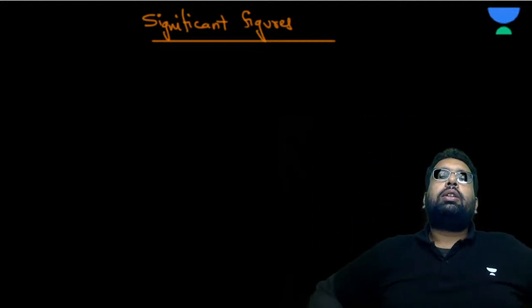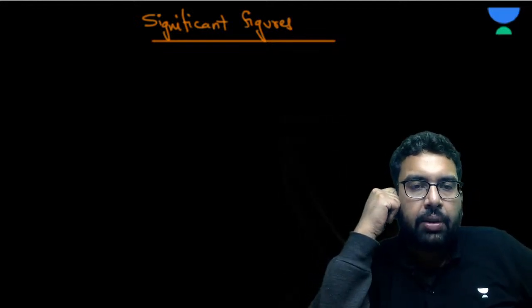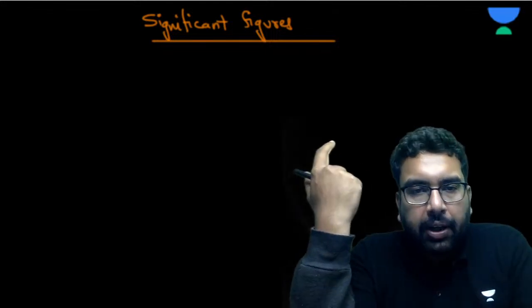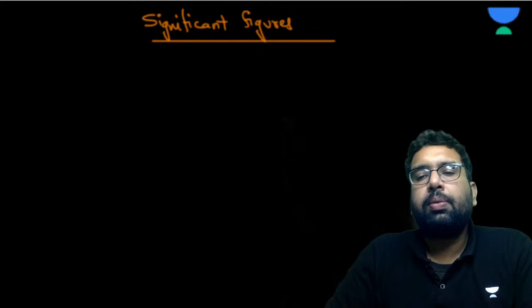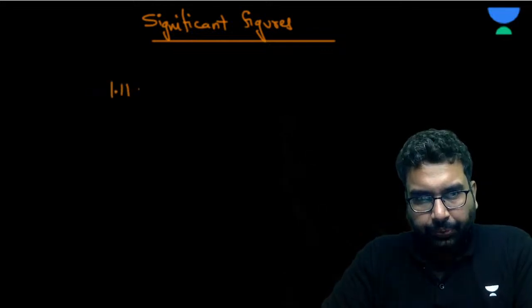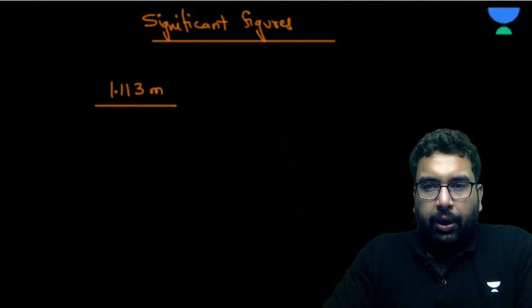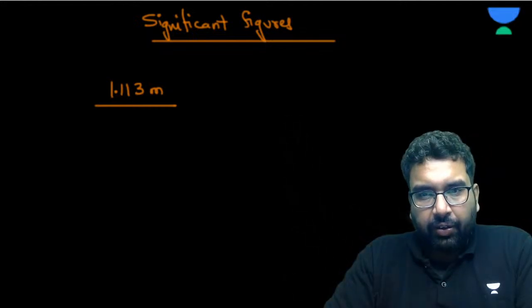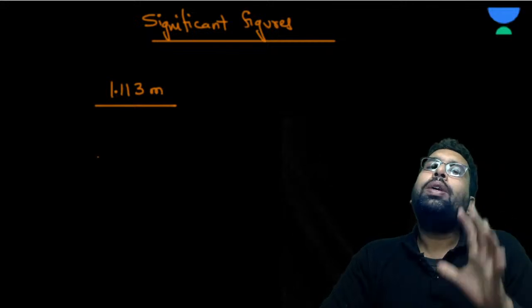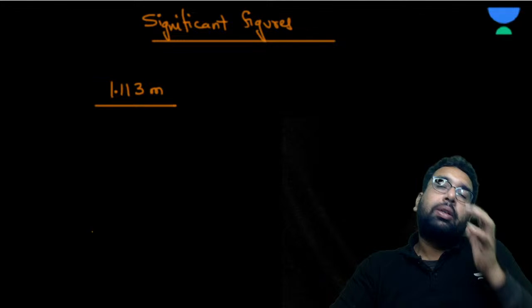See, in the significant figures, what happens? When you are writing some value, let's suppose you have measured something and you have measured it as 1.13113 meter. Significant figure basically describes how many digits you are 100% sure of.